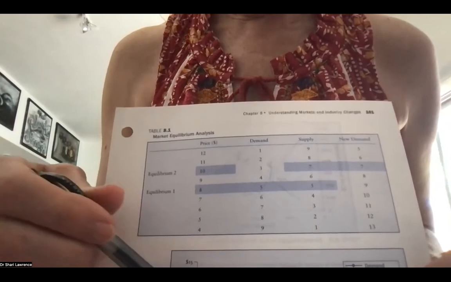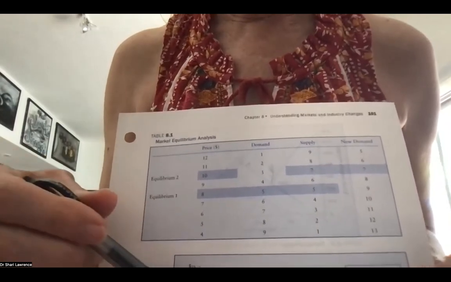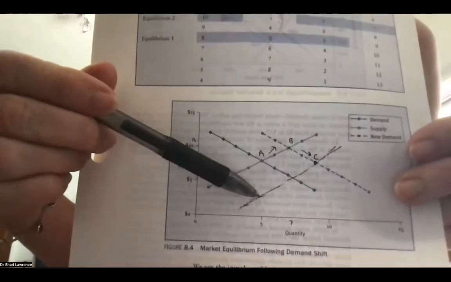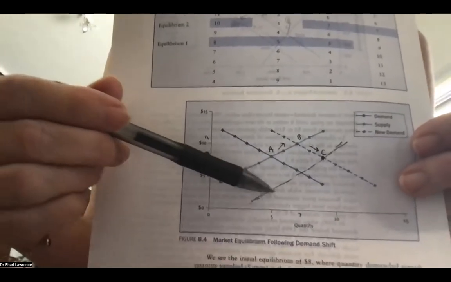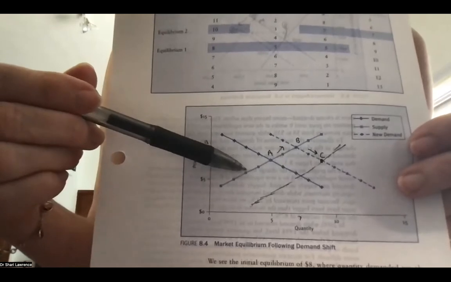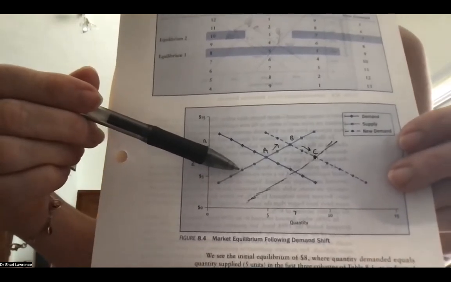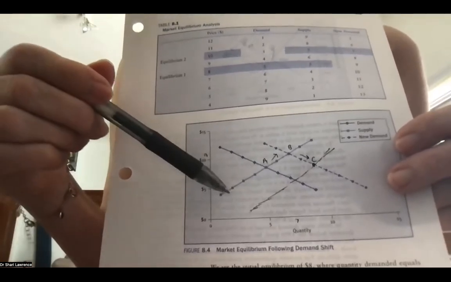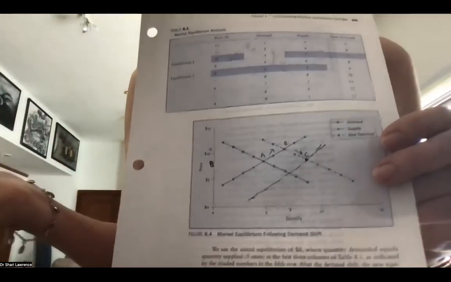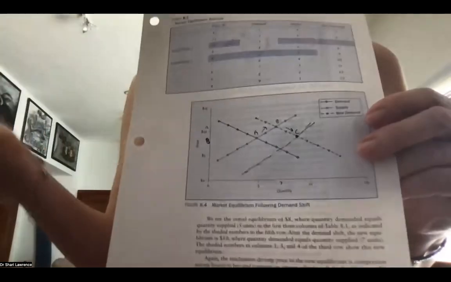If the demand curve goes down here, the price goes down and quantity demanded goes down. But if there's a shift to the left in the demand curve, then that's going to cause a decrease in supply. And then when supply decreases, that causes the price to go up. And so you can draw that scenario too.